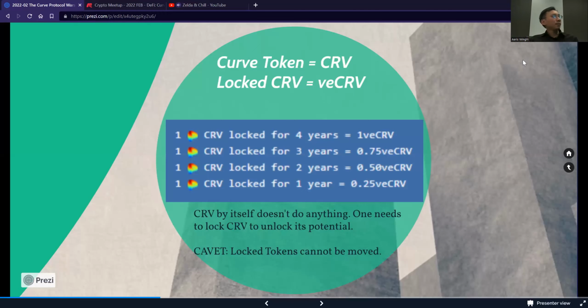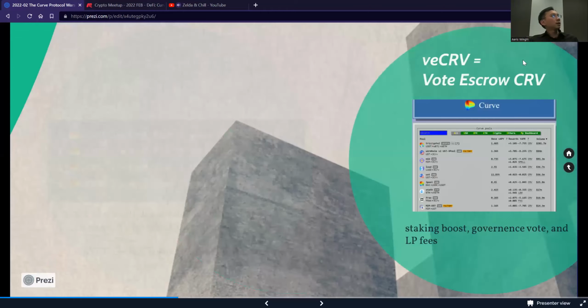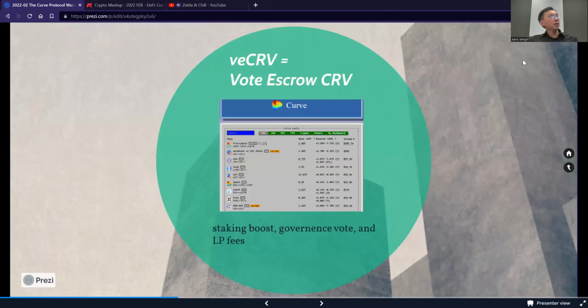Okay. So VECRV supply is limited now because more people want to buy it, because they want to lock it for the rewards.